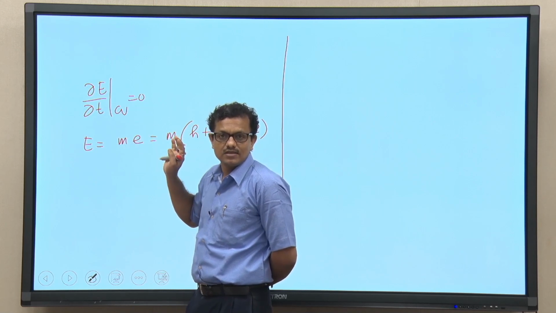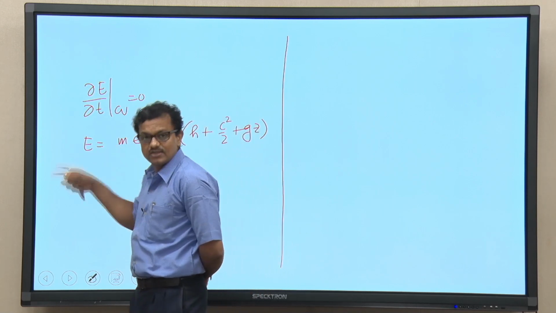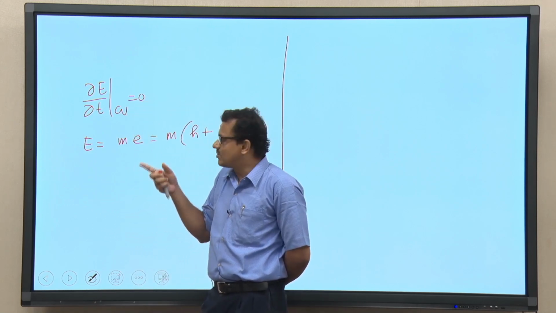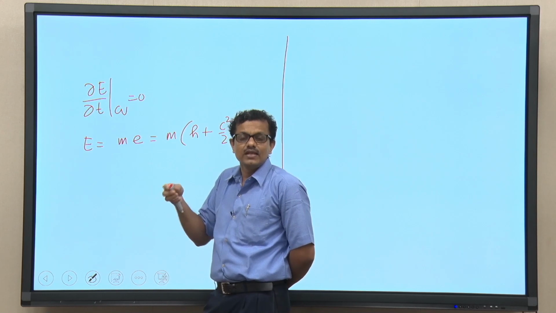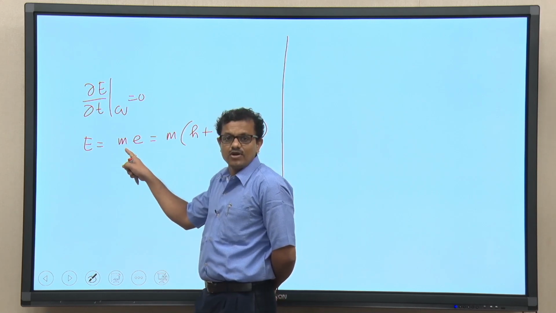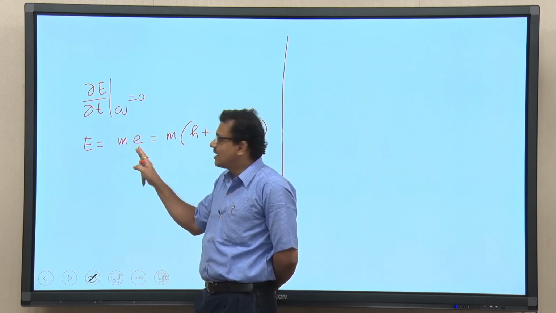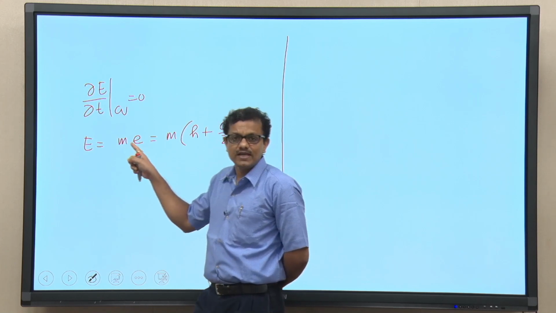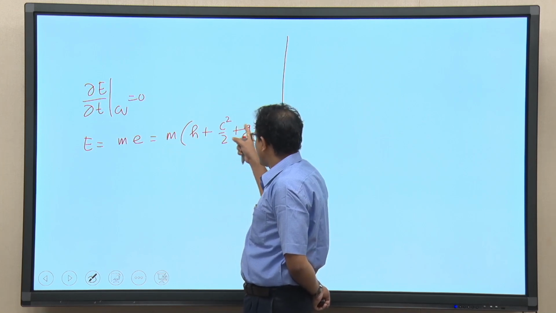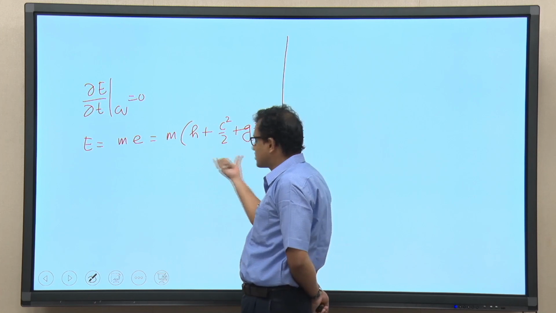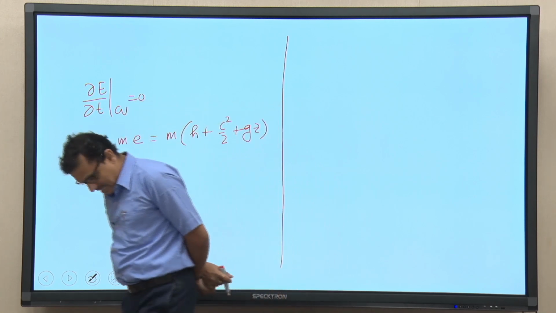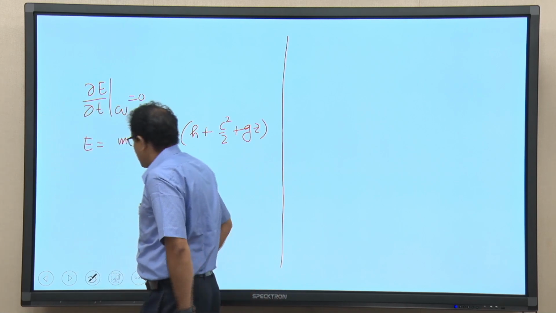If the total energy has to remain invariant with time, the mass within the control volume should not change, as well as the specific energy, that is h plus velocity terms together with these properties, should not vary with time.